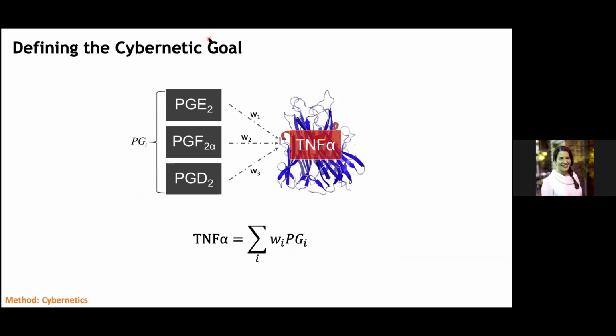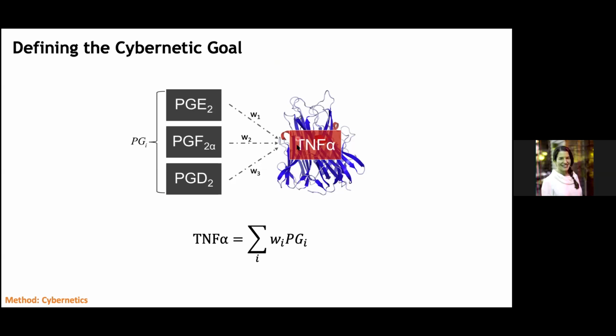We focus on the prostaglandins here because prostaglandins are well characterized for their roles in the inflammatory response. We look at regulation of prostaglandin synthesis in relation to a specific cytokine, TNF-alpha, which is a representative marker of inflammation and is our model's overall goal for this part of the branch.